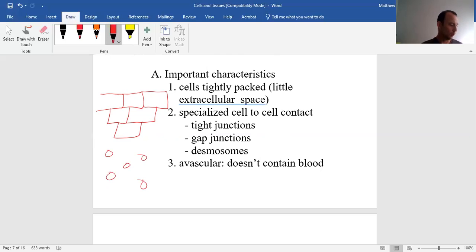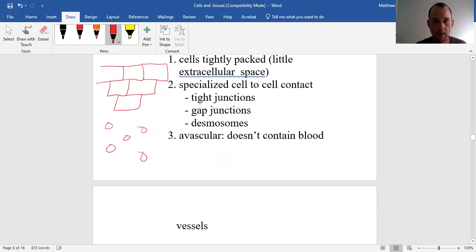One of the unique features of your epithelial tissue is that it is avascular. It doesn't contain blood vessels, so they do not have their own blood vessels. Avascular, doesn't contain its own blood supply.